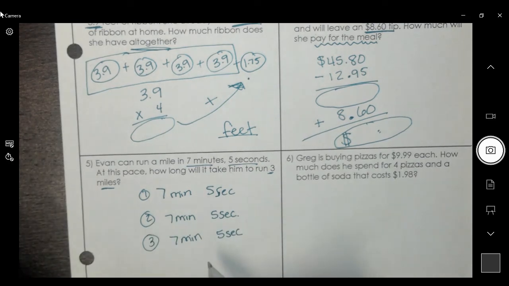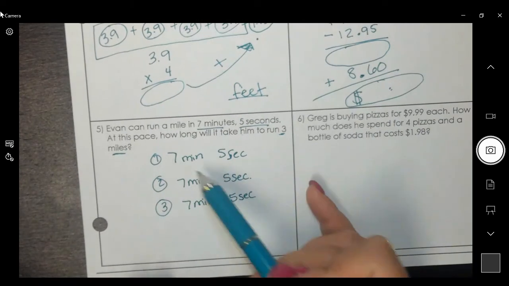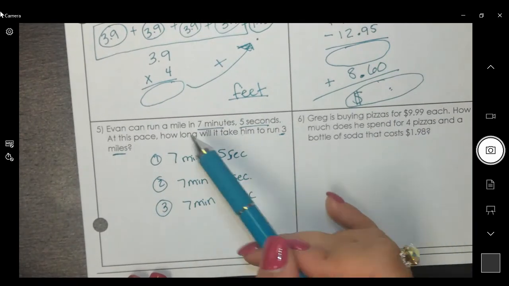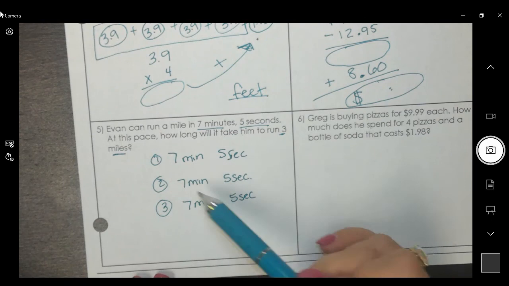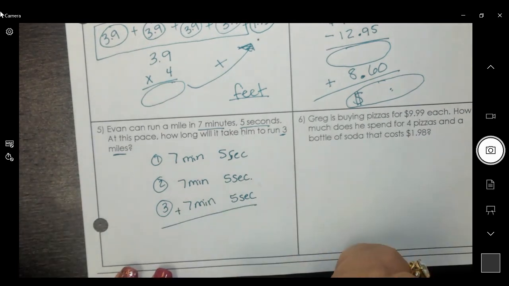We don't have a decimal here. We have just plain numbers. So we have the option, like back up here with our cookies and our tile, you have repeated addition again. We want to figure out what this total is, this all together, which means we need to add this up. So we can add, or you can do repeated addition.